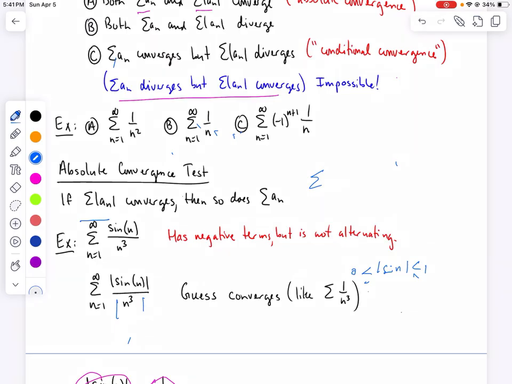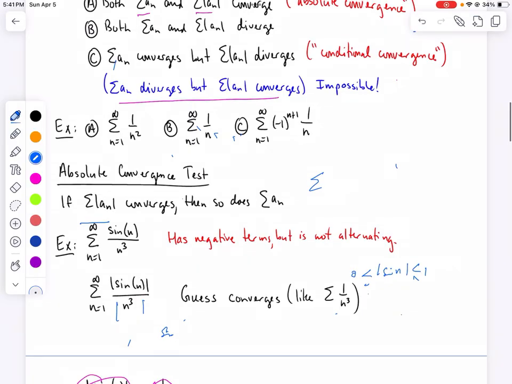So we can compare it with the summation of 1 over n cubed, because the absolute value of sin n will be less than or equal to 1, so that the absolute value of sin n over n cubed will be less than or equal to 1 over n cubed.